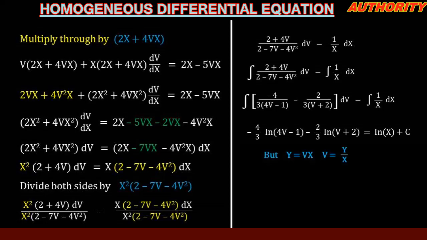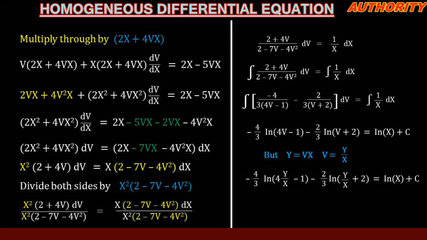But you remember we say y is equal to vx. So when we make v the subject, we have y all over x. So in place of v, we replace it with y all over x. That means we are going to have minus 4 all over 3 ln 4y all over x minus 1 in bracket minus 2 all over 3 ln y all over x plus 2 equal to ln x plus c.